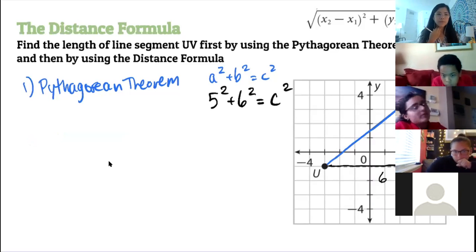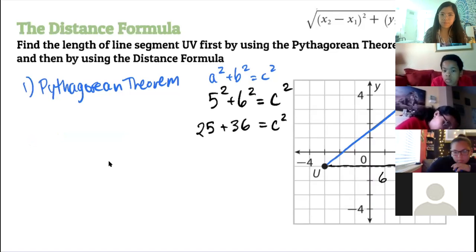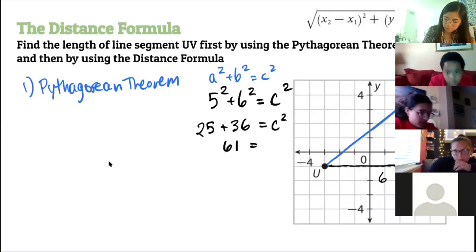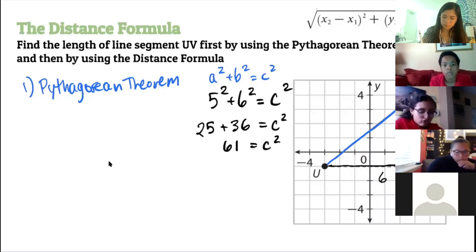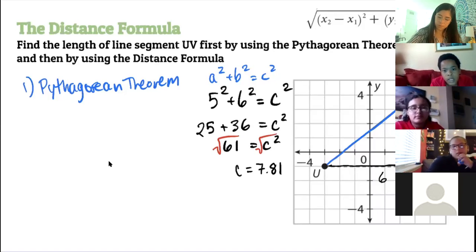And then 5 squared is 25 plus 36 equals C squared. And then that's 61 equals C squared. And then we're gonna take the square root, which is equal to 7.81. So C is equal to 7.81.